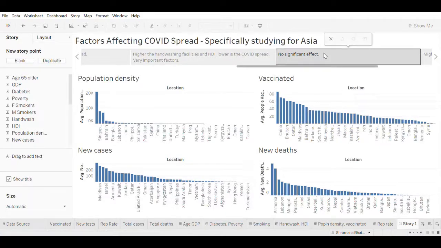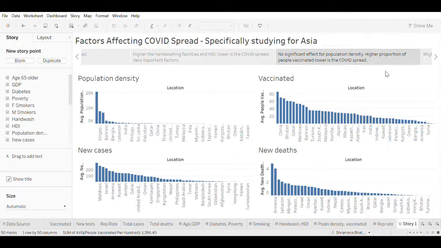Okay, so I'm going to change this a bit. This is one observation that I added here, that yes, vaccination, obviously if we're having more people vaccinated, it's supposed to decrease our number of cases, and that's what we could see.